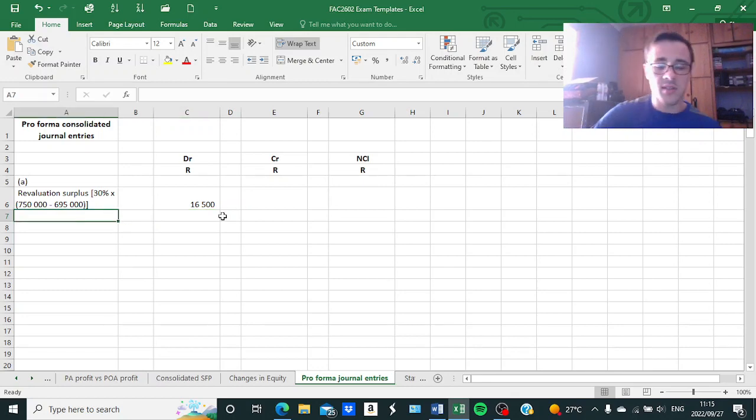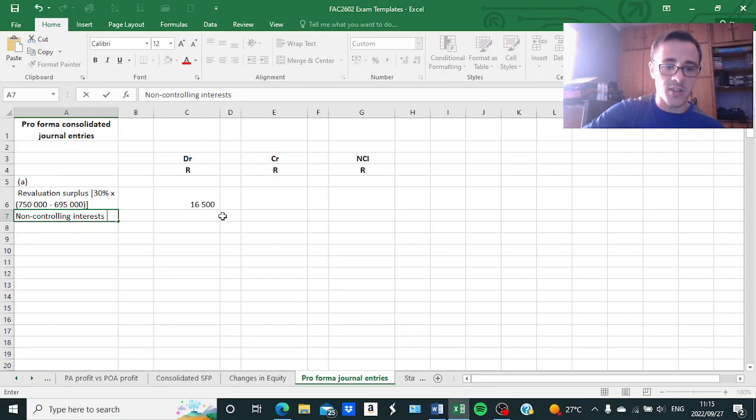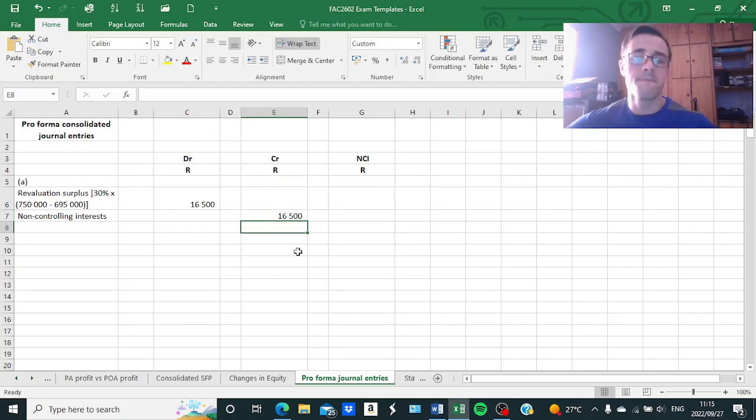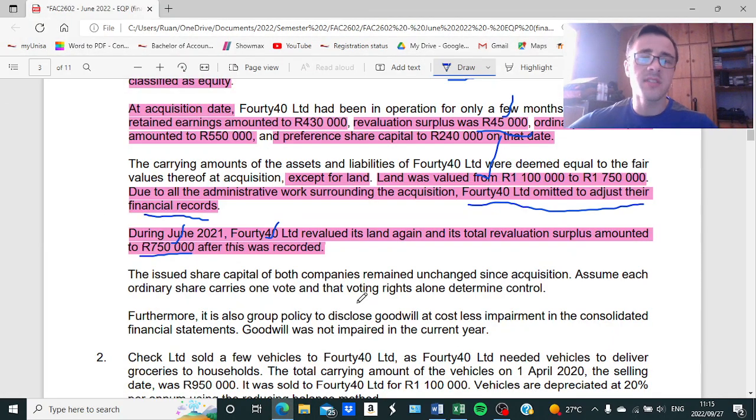And you will credit non-controlling interests, as is displayed on your consolidated statement of financial position, by the same amount, 16,500 Rand. Please go very carefully through that explanation and calculation, because it confused me at the beginning as well.